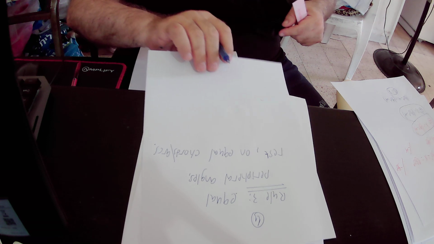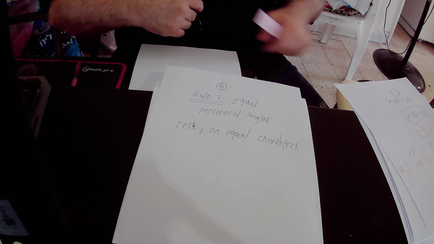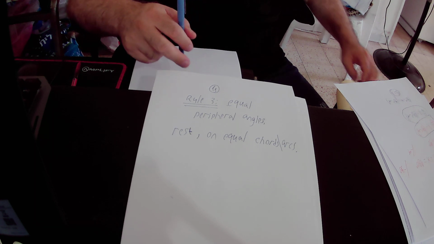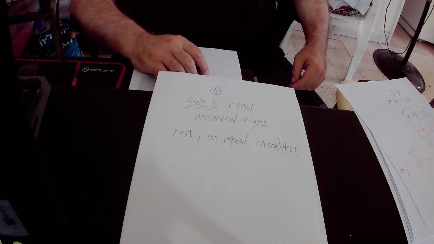So I will read rule number 3 again. Rule number 3 states that equal peripheral angles rest on equal chords slash arcs. Okay, equal peripheral angles rest on equal chords, or equal peripheral angles rest on equal arcs.